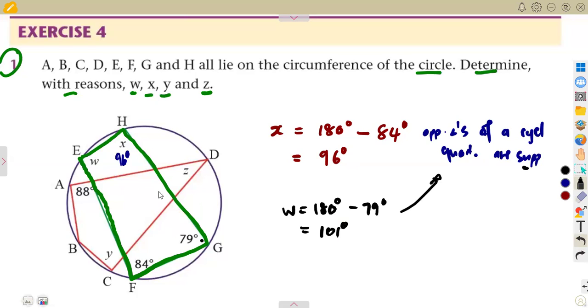All right, let us see if we can calculate angle Y or angle Z. We do not know which one we can calculate at this point. But what we know is that we have calculated these angles. Remember, this is now 101 degrees. And I want you to be very, very careful with your simplification on whatever you're going to have.